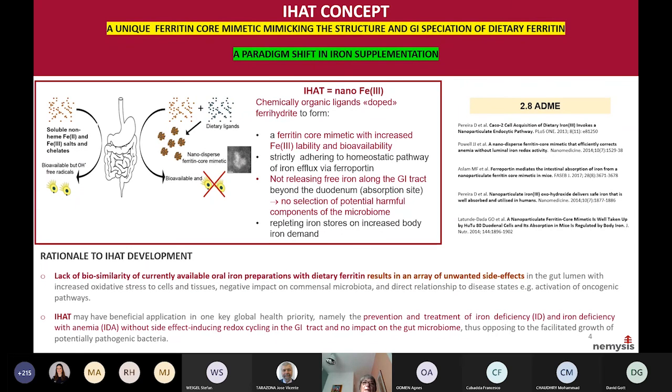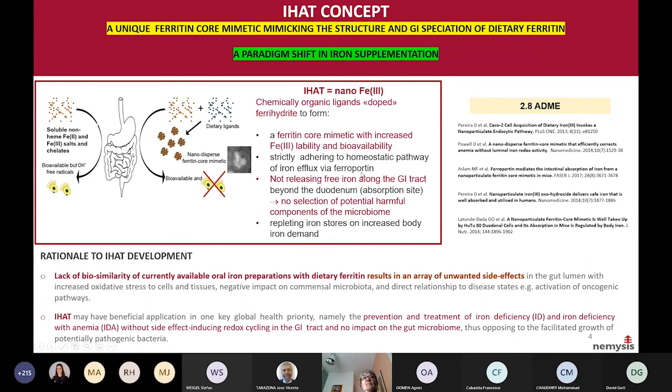And the rationale comes from the lack of biosimilarity of currently conventional materials in food supplements to provide iron, which were reported in time to provide unwanted side effects, particularly because of their pro-oxidant activity. What IHAT is intended to do is to prevent and treat nutritional iron deficiency and iron deficiency with anemia, possibly without the side effects that have been reported up to now.